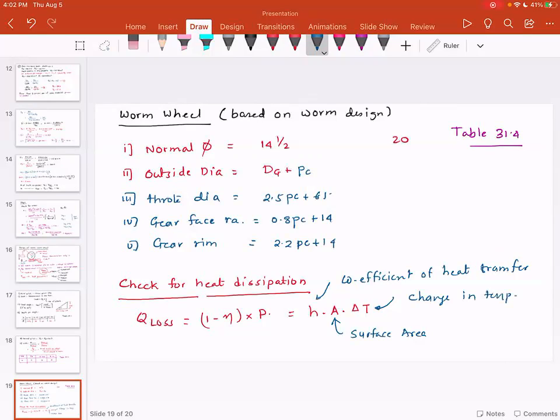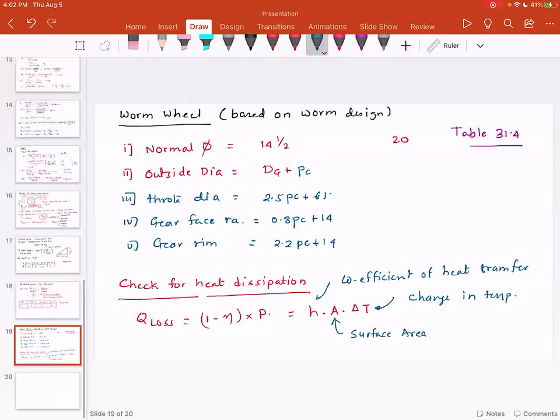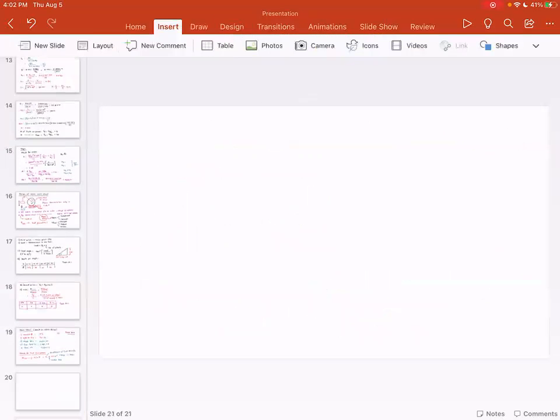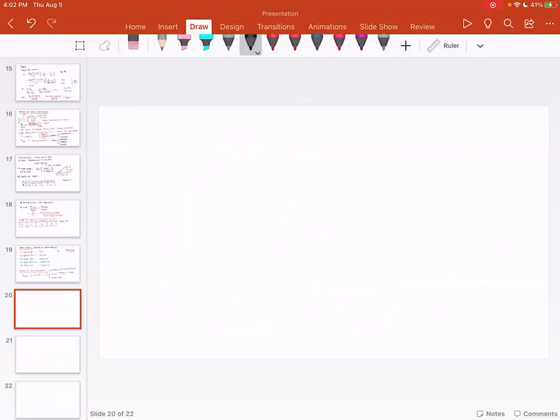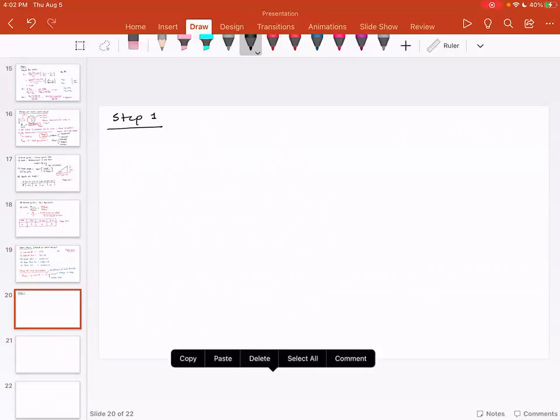So let me give you the design recipe before I work out a problem. So the recipe for worm gear design is, again, step 1. And please note, we are going to design the worm. Actually, correction here.